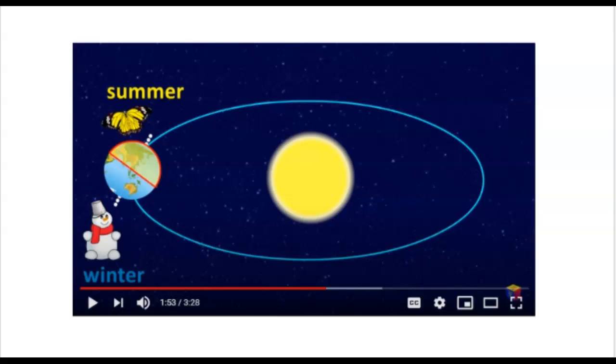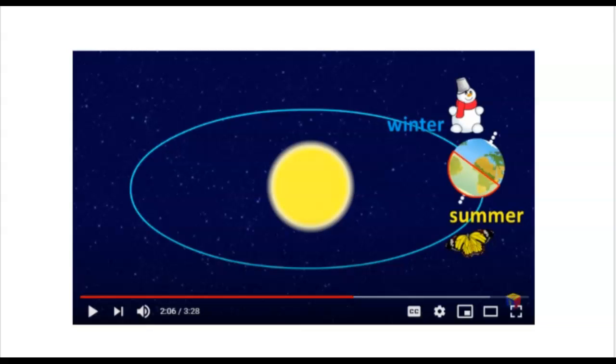As the Earth continues to orbit and revolve around the sun, now all of a sudden that tilt that we have on the axis, remember we're the northern hemisphere, that means we're on the top part. Well, we are now tilted away from the sun. Well, if we're further away from the sun, that means it is colder.